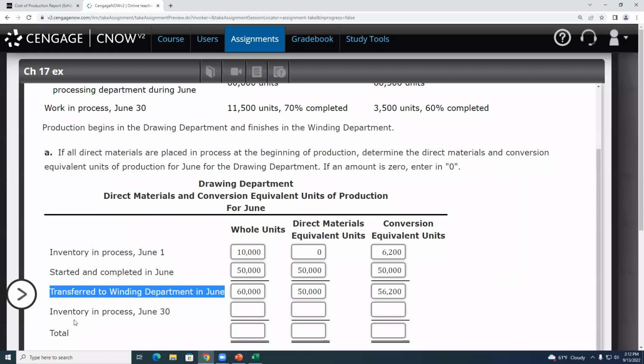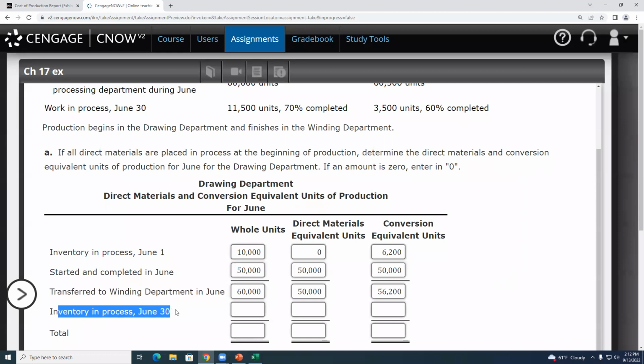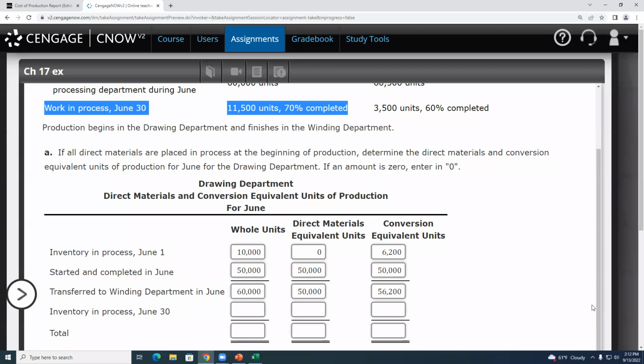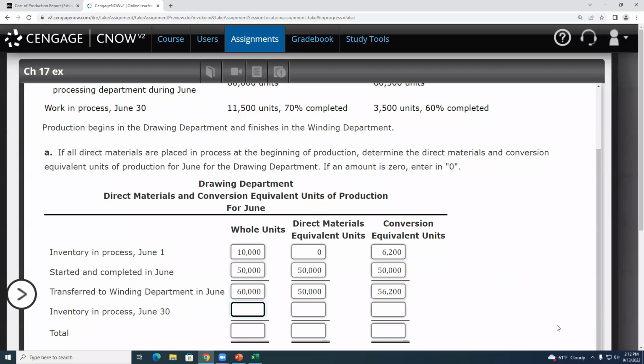Okay. The next line is for our ending inventory then. What's still left in the drawing department? And here we are told that at the end of June, there were still 11,500 units in process. These are units that were started in June, but we didn't finish. But our rule is all the direct materials, we throw all the ingredients in the bowl at the beginning of the month.